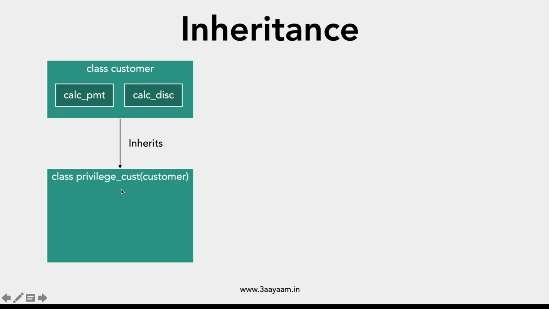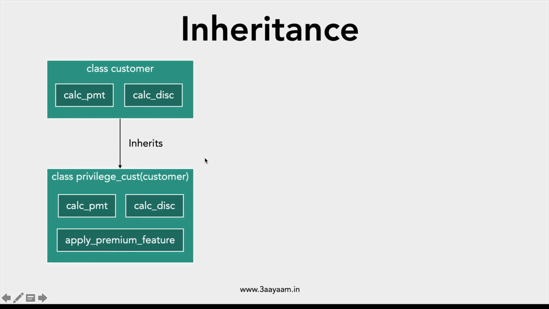So if the privilege class inherits the customer class, calculate payment and calculate discount will be present in this class also, because it has inherited from the customer class, and it can have its own methods and its own variables also.